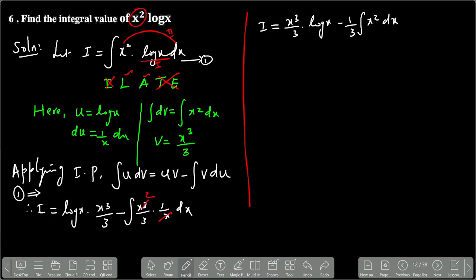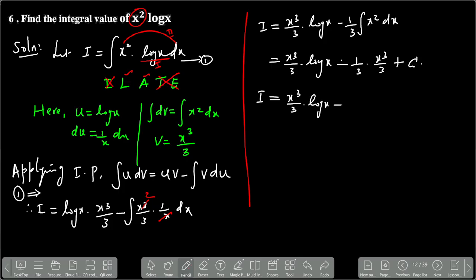I told you in the beginning it is 2 times, not because of log x. So this is 1 by 3 into x cube by 3 plus c. That is I equal to finally x cube by 3 into log x minus x cube by 9 plus c.